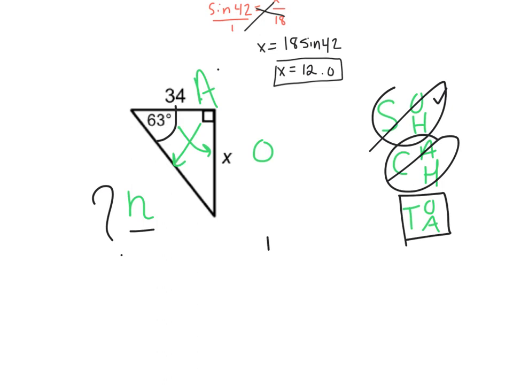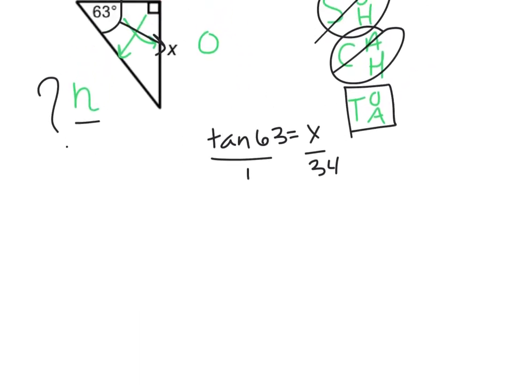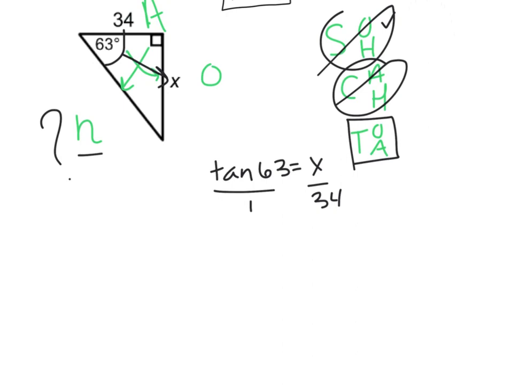So tangent of my reference angle equals opposite over my adjacent of 34. Remember what I said before? We always put our trig function over 1. Now that I have tangent of 63 over 1 equals x over 34, I'm going to cross multiply.